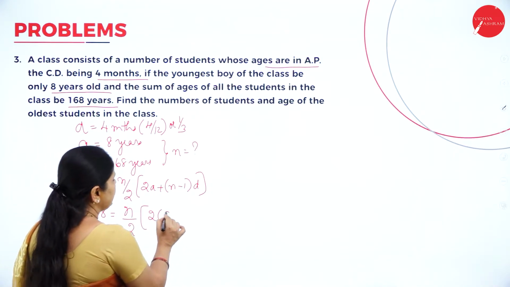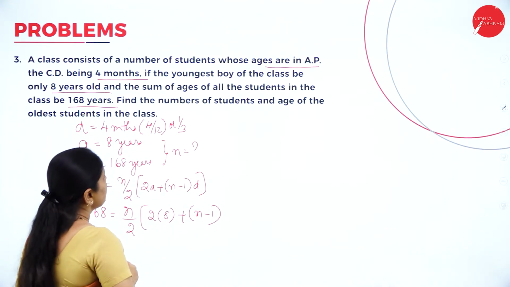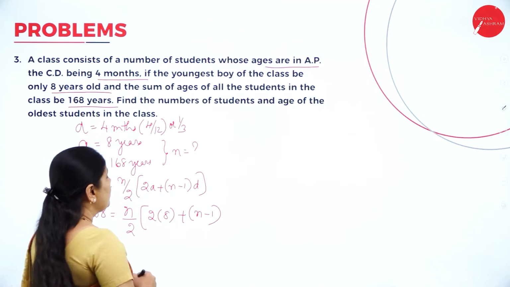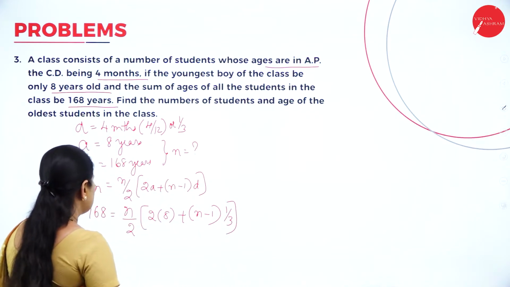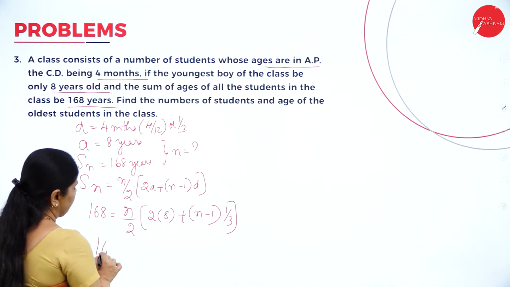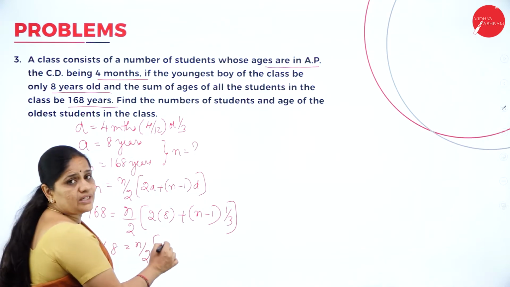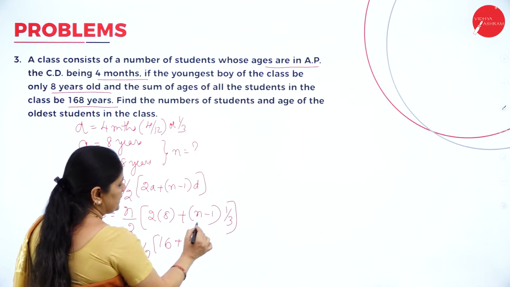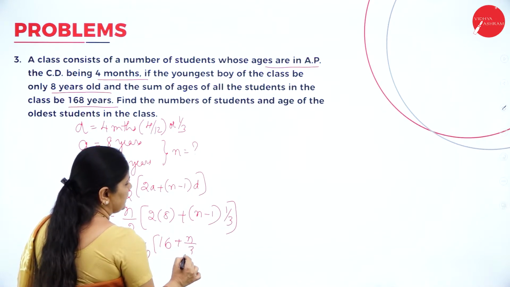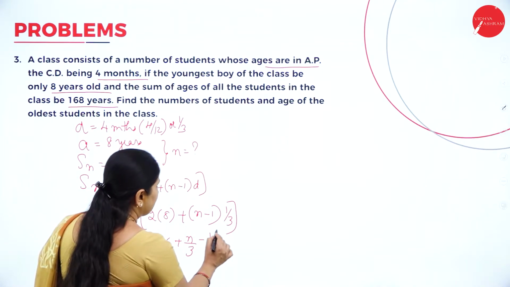A equals 8 plus n minus 1 into d. What is d here? 1 by 3. So I just simplify this. So this will be n by 2. 2 into 8 is 16 plus 1 by 3 into n is n by 3 minus 1 into 1 by 3 is 1 by 3.